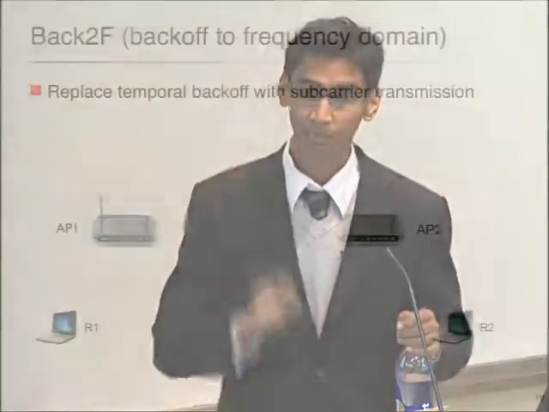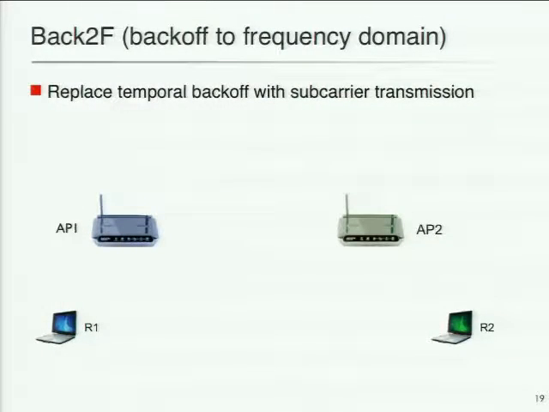So before I make you more confused with this complicated slide, let's move on to the key idea. Let's say, as before, AP1 wants to talk to R1 and AP2 wants to talk to R2. Like Wi-Fi, we'll let them select random numbers. So AP1 has selected a random Backoff value of 6, and AP2 has selected a random Backoff value of 34.